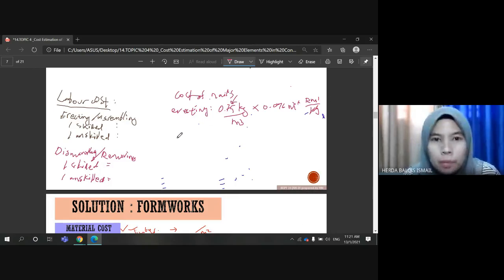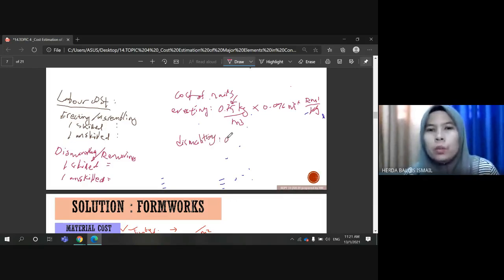So for the dismantling, it requires 0.75 kilogram of nail per cubic meter.